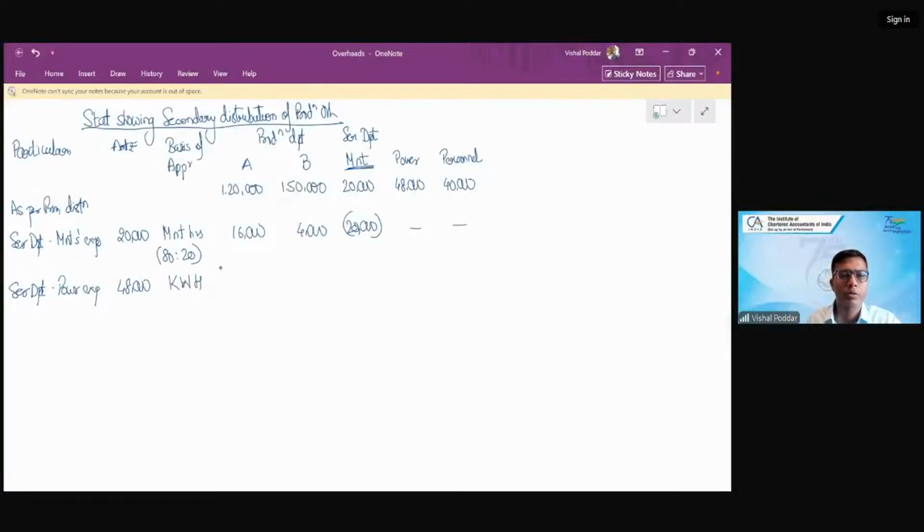Kilowatt hours consumed, ratio is 4:16. So 48,000, 2,400, 496.